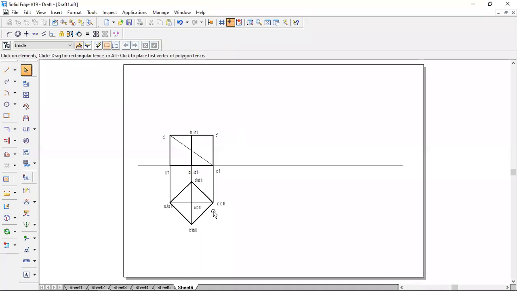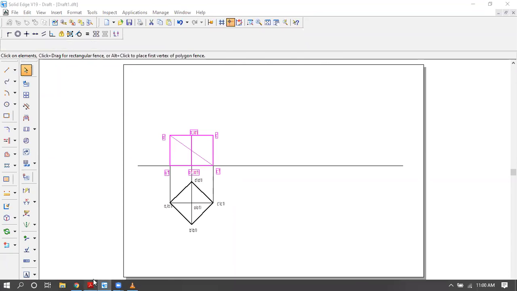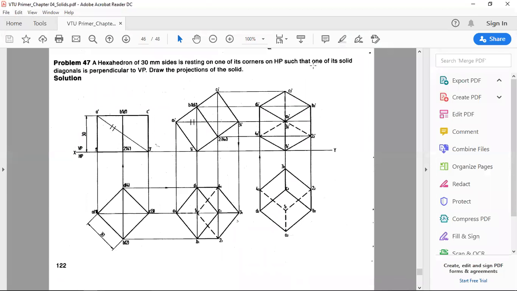Just imagine a room: the opposite top corner and bottom opposite corner, if I join them, that is called a body diagonal. This body diagonal has to be made perpendicular to VP, as the problem states.